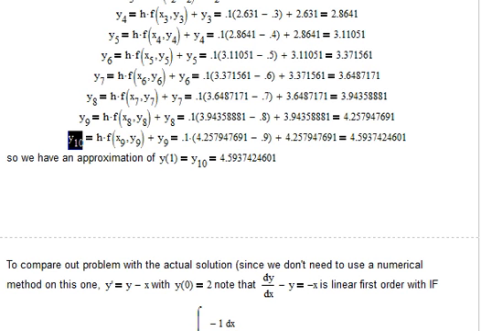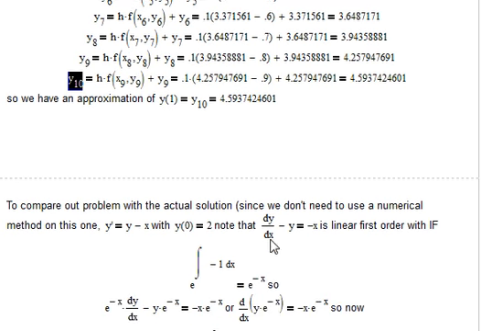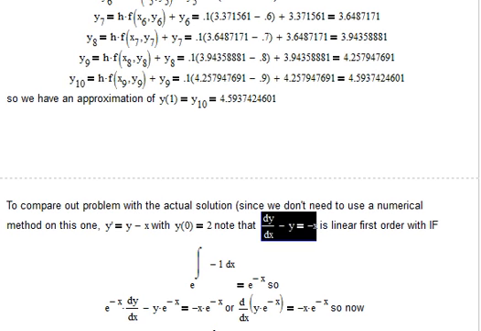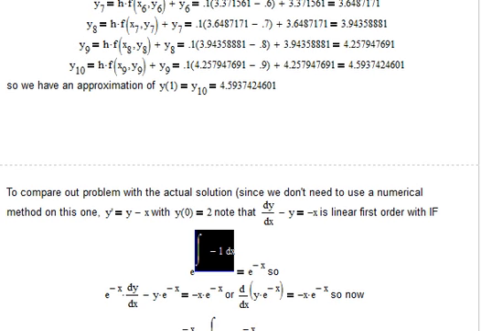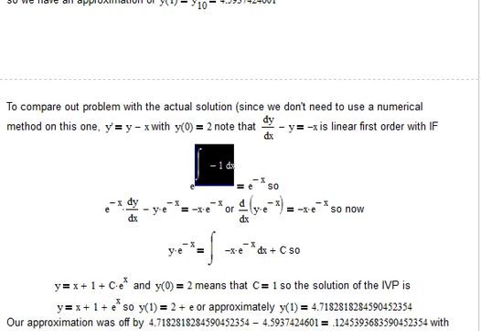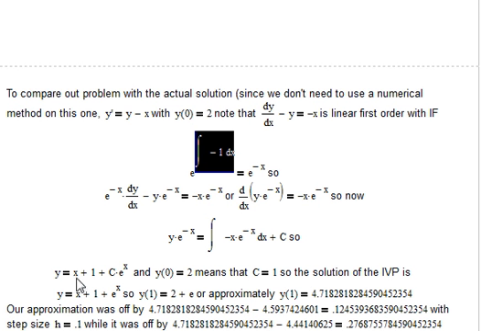So, let's compare it to the actual answer. It's not too hard to solve this one. It's linear first order, integrating factor e to the negative 1 dx, so e to the negative x, so not that hard to solve. And I have it solved here as y equals x plus 1 plus c times e to the x. And y of 0 equals 2 means c equals 1. See why that's so? If x is 0, then this is e to the 0, which is just c.